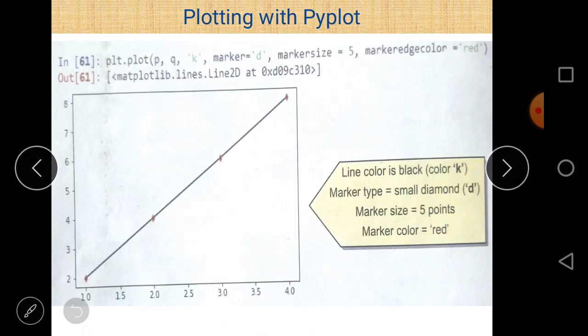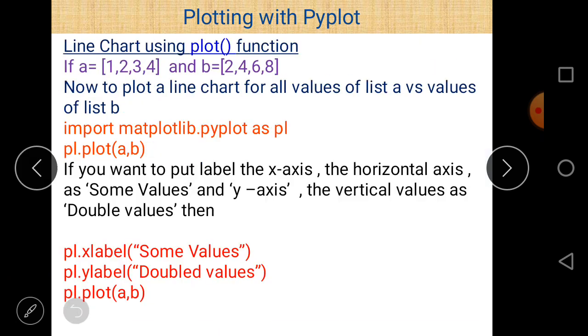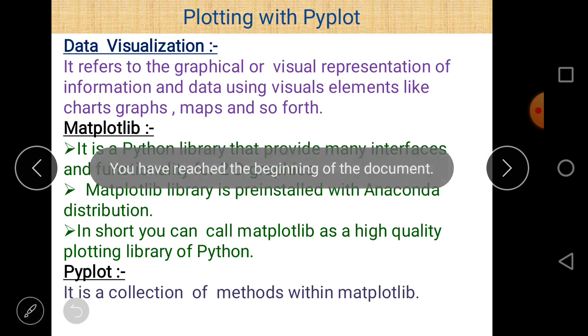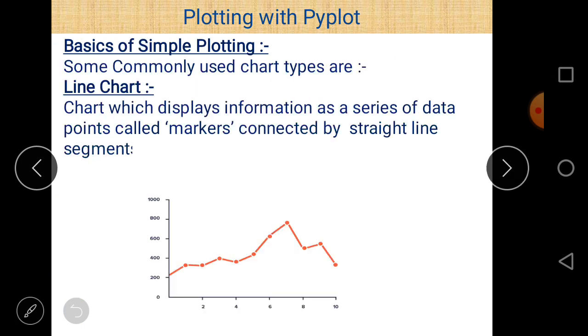Now if you want to plot a simple line here, then just write the command plt.plot. As I told you earlier, plt is the name of my matplotlib library, matplotlib.pyplot.